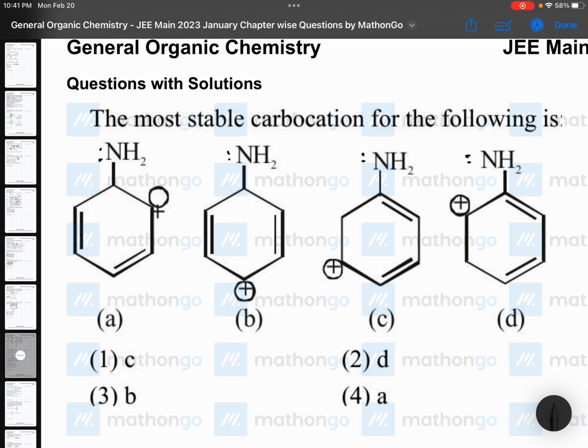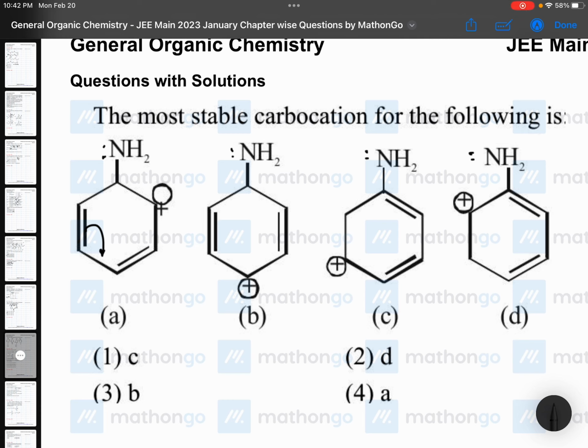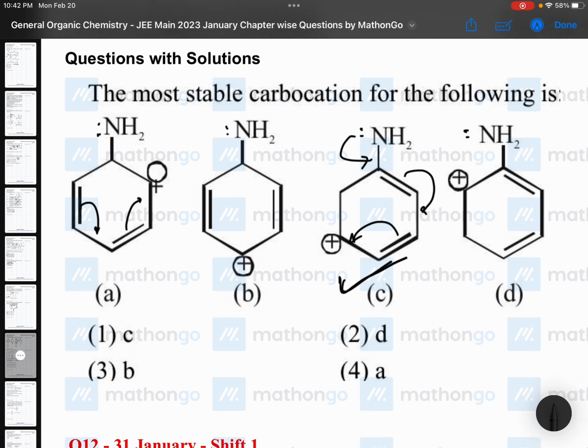Extended conjugation, more conjugation is the best option. This is one. Here you see, this is coming here, this is coming here, this is coming here. More extended conjugation. So this is best. Extended conjugation, you need to check.